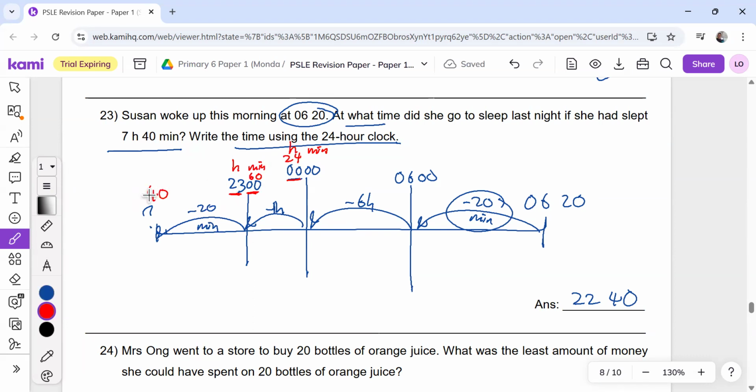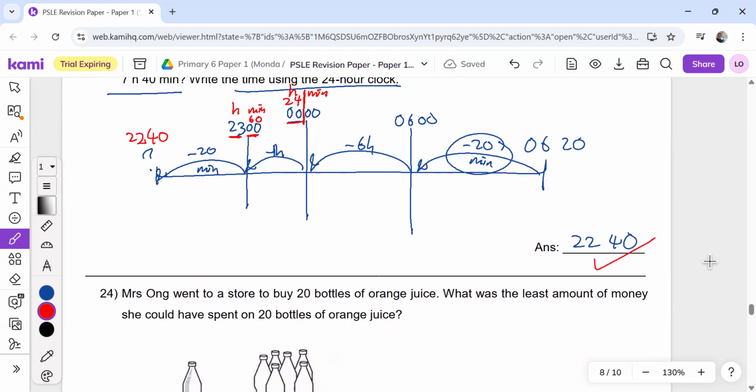And the 23, when you go back in time, will become 22. So what time do you start sleeping? 22:40. Got it? In a 24-hour clock, you must know where are the hours and where are the minutes. Are you okay?